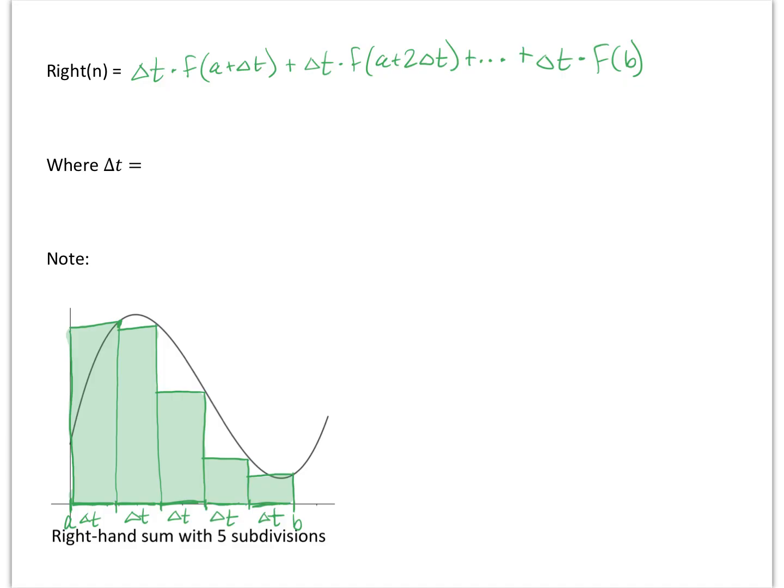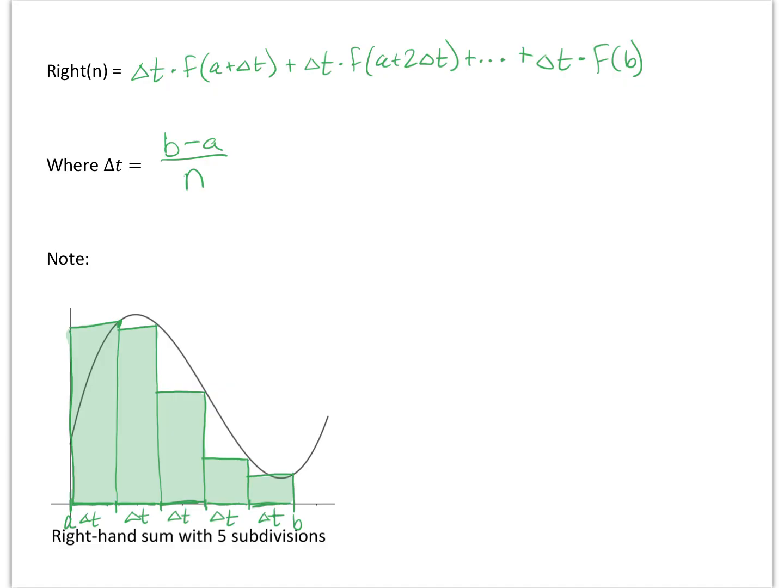And for both the left and right sums, my delta t is the length of the entire interval, which is b minus a, and we're going to divide it into n equal pieces. In our example, we divided it into 5 equal pieces, but here we're trying to define it for a general n. So the length of delta t is going to be b minus a, which is the full length, divided into n equal pieces.